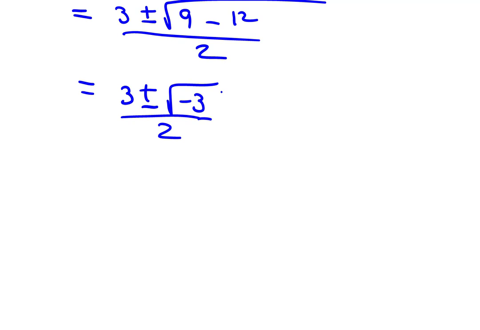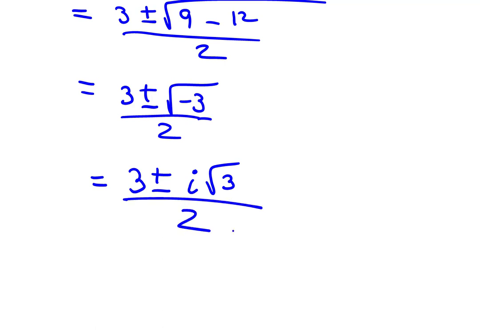Well, no problem, because we have a way to handle a negative underneath an even root, like a square root, and that's using the imaginary unit. So we'll rewrite this as 3 plus or minus i times the square root of 3 all over 2. Now at this point we can't get it any simpler because we cannot combine the 3 and the imaginary unit in the numerator.